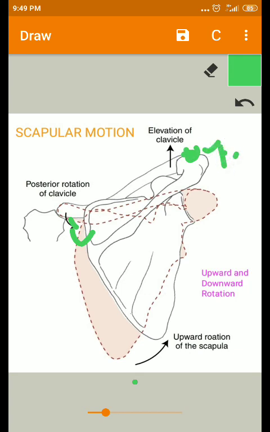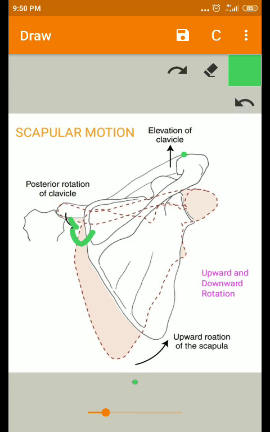That is the thing I have shown you here. It forms 90 degrees with this one, and the sternoclavicular joint posterior rotation would directly cause the scapulothoracic upward rotation.